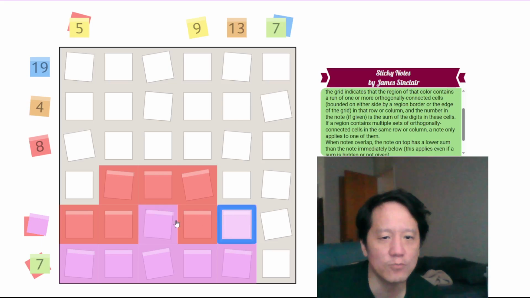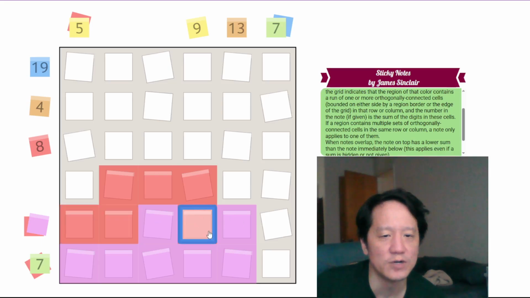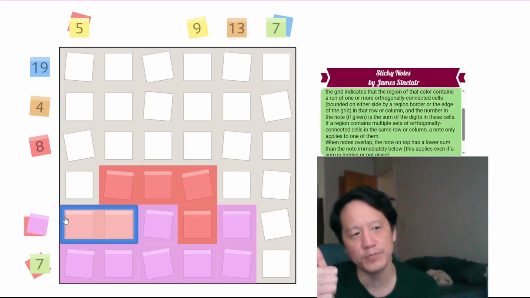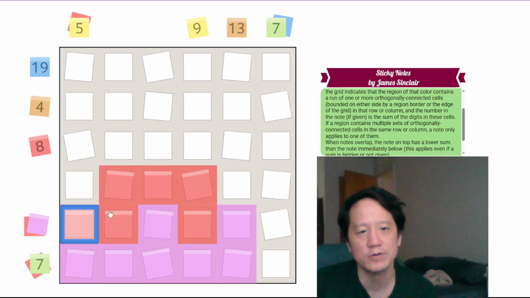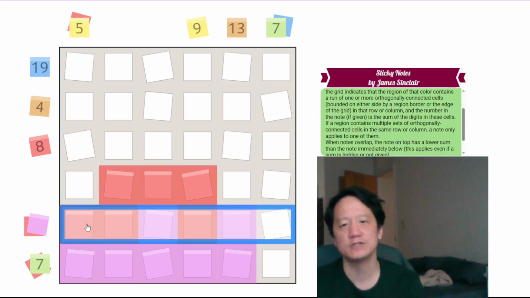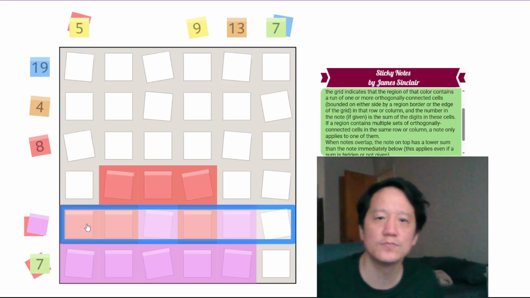Then one of the pinks has to be less than one of the runs of the reds, right? So this only says that there has to be one run of pink at least and one run of red at least in this row. There could be multiple ones. We don't know.